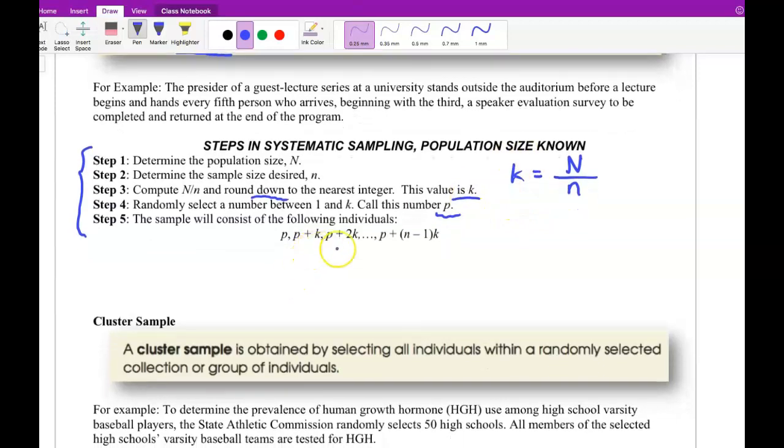Then the next one is p plus 2k, or in other words, p plus k plus again k. So we're adding k to each one.